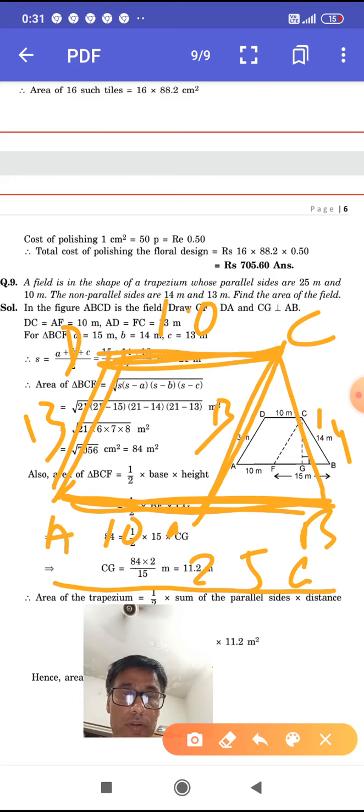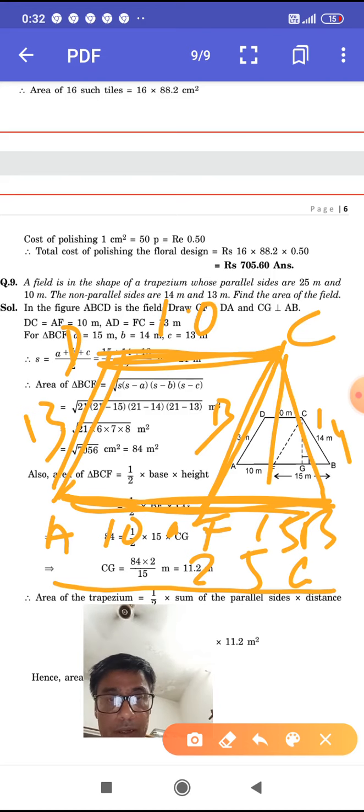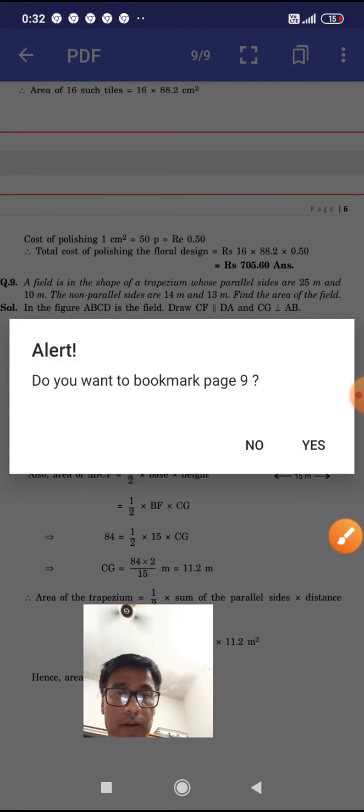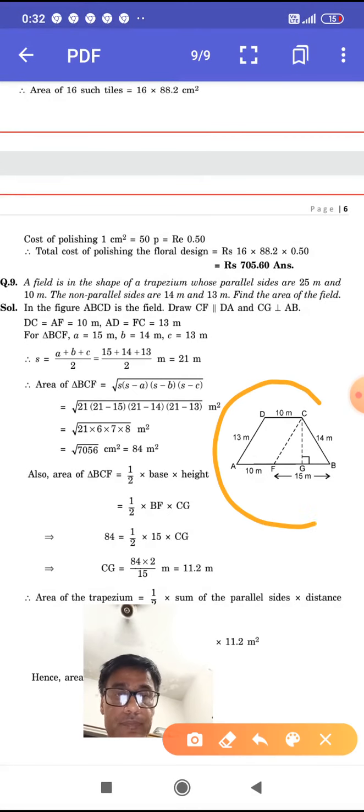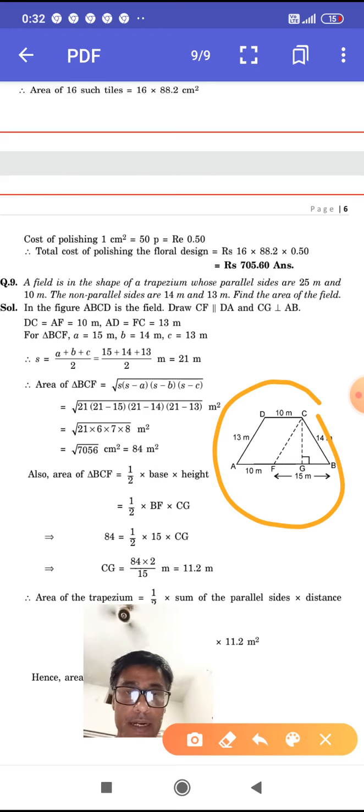So BF we get as 15 centimeter. Now we draw a perpendicular CG. Now you can understand this whole figure: 13, 14, total 25, AF is 10 centimeter and BF is 15 centimeter.